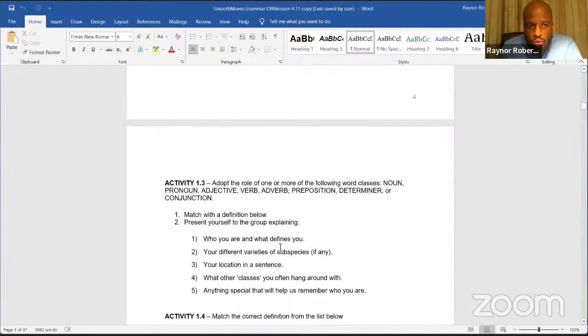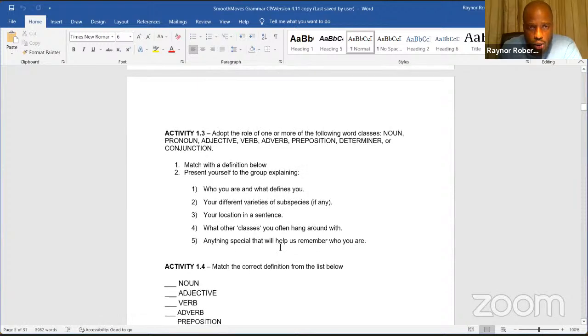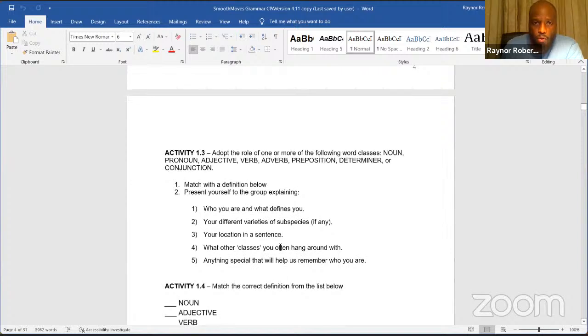Activity 1.3. Adapt the role. This is a little role play of one or more of the following word classes: noun, pronoun, adjective, verb, adverb, preposition, determiner, and conjunction.